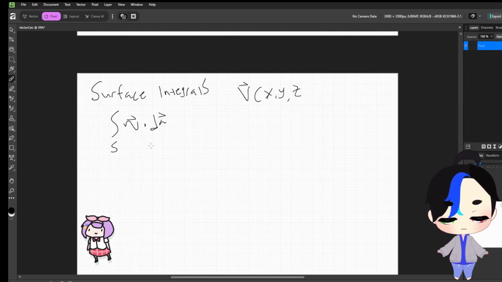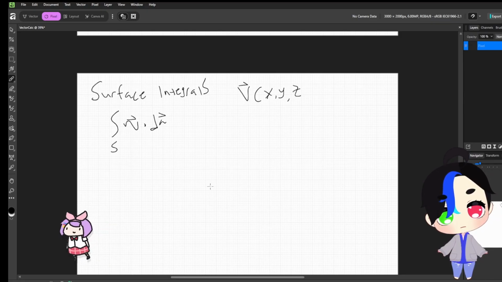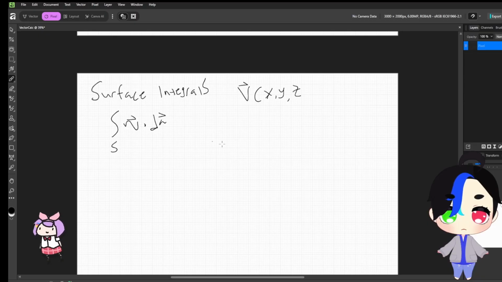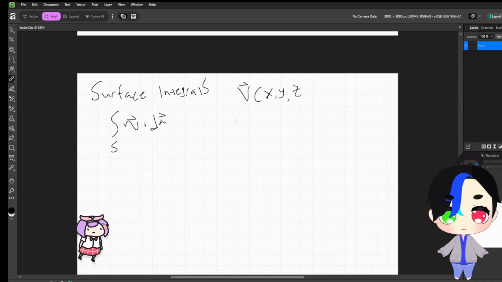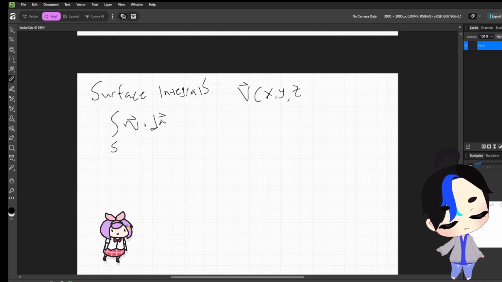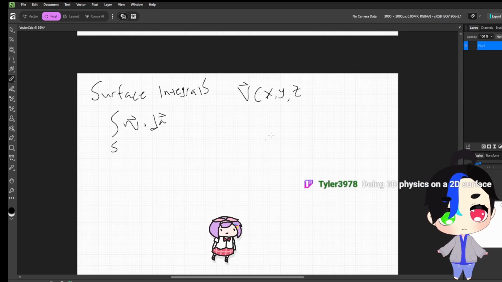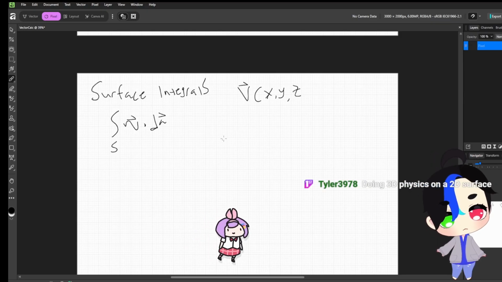So, this is hard to show in two dimensions, but if you had some three-dimensional vector field, you can draw... What's a good example for this? Okay.